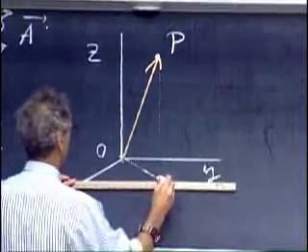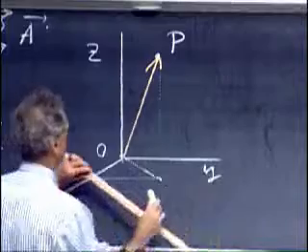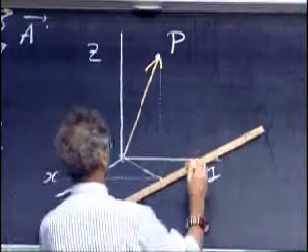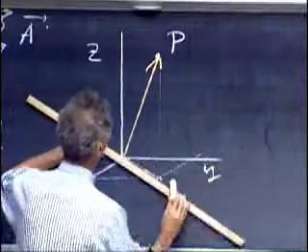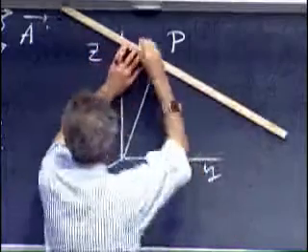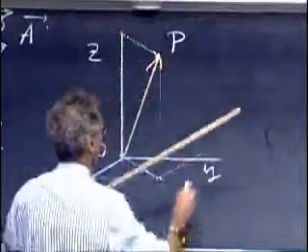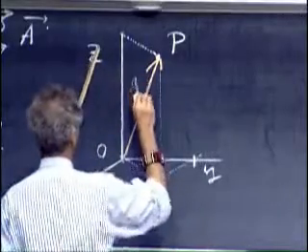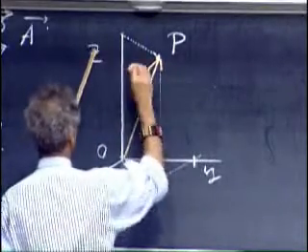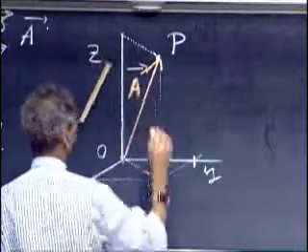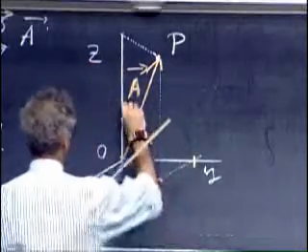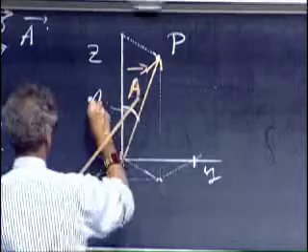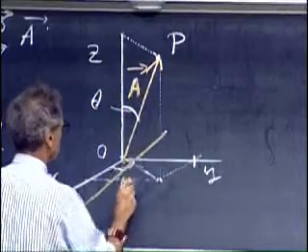I call this vector vector A. Let this angle be theta, and this angle be phi.